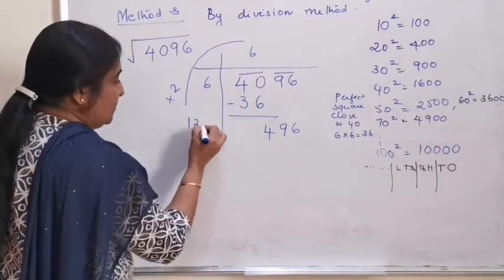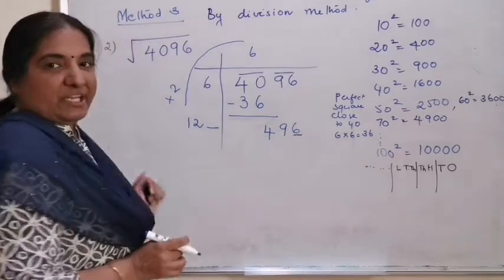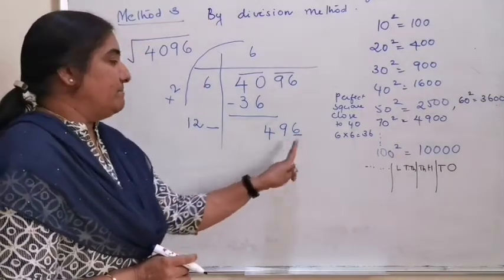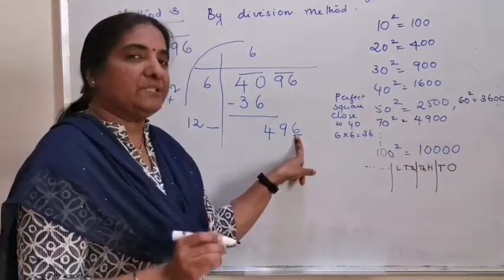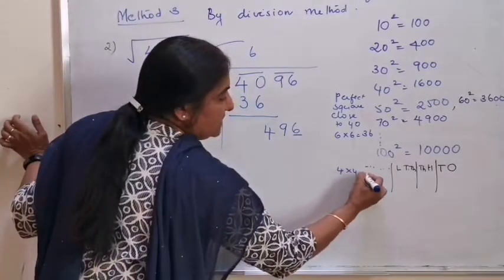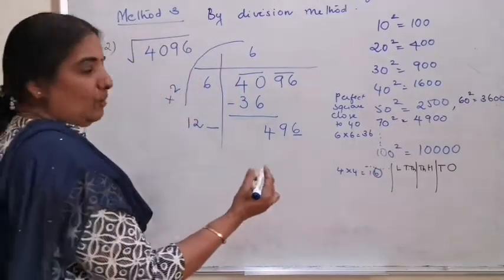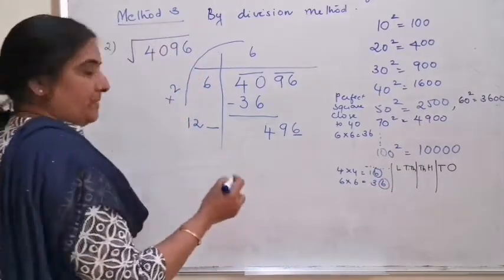Again, you can check what are the numbers possible for the unit place. It is either 4 fours are 16 or 6 sixes are 36.